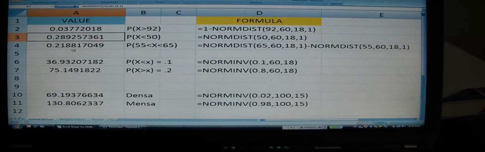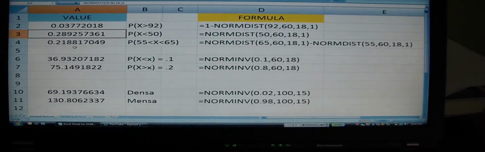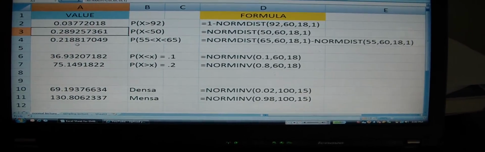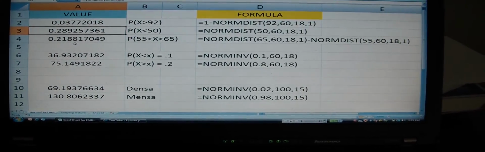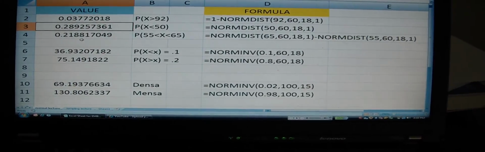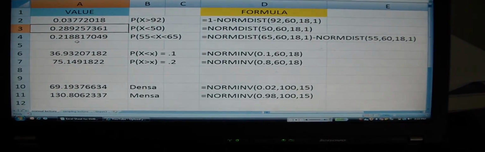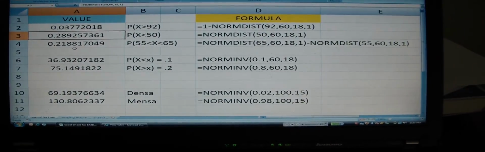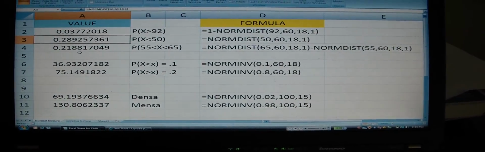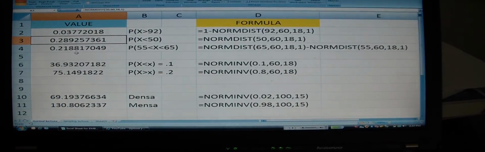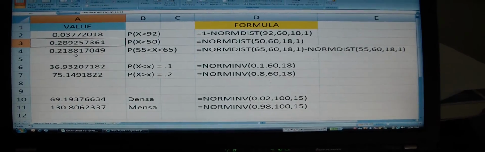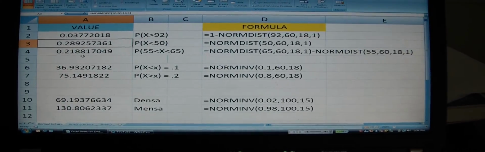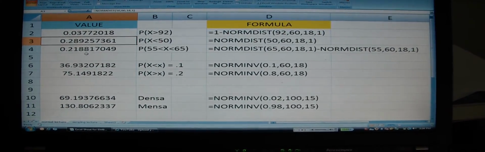Below, I did the calculation for Densa and Mensa, which I showed in the example, but here's the Excel formula for doing the computation. It's just a NORM.INV for the bottom 2% with a mean of 100 and a standard deviation of 15. That gives you the value x such that 2% of the area is to its left, and the answer is 69.193.